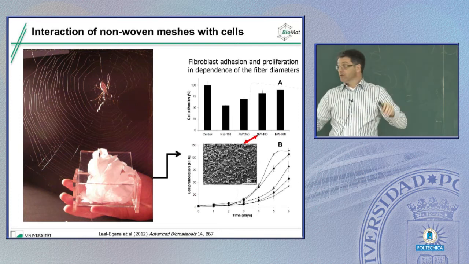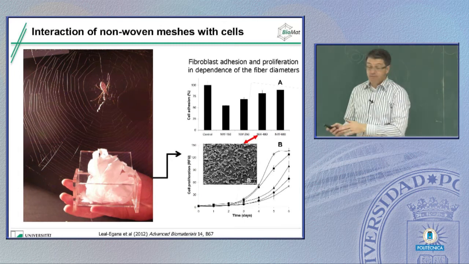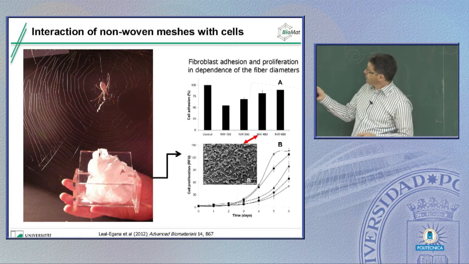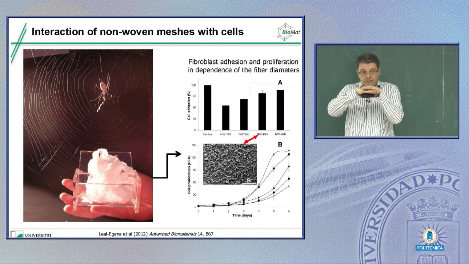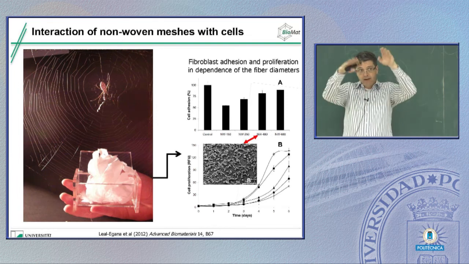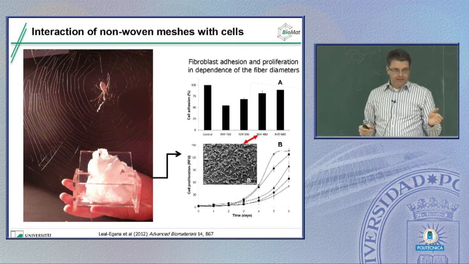This has nothing to do with the pore sizes, because you can even make a non-woven with thin fibers that has almost zero pore sizes if you just put a lot of them on top. That of course will also then influence the cell adhesion.